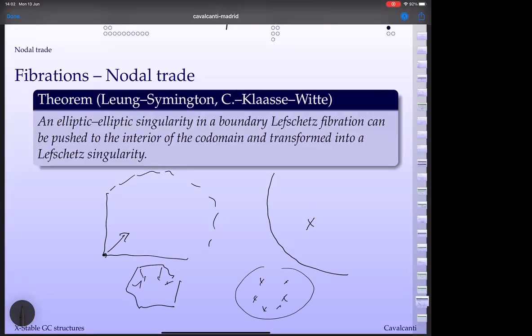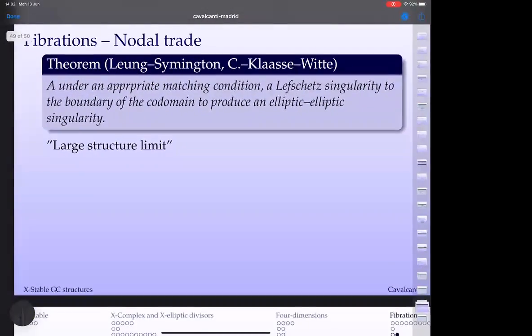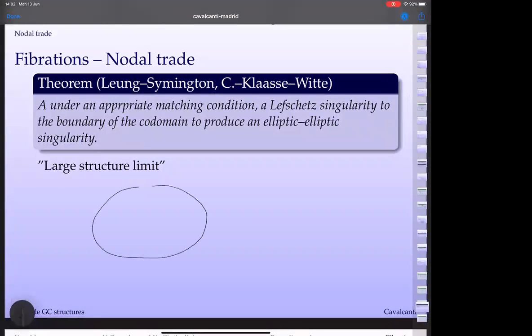You can also go backwards in the appropriate circumstances and pick something which has a bunch of Lefschetz singularities, which is difficult to understand, push them outside and get something which just has corners but no Lefschetz singularities inside. That normally is what I think physicists would call the large structure limit. When you start with a complicated thing, but in the end it's just C or some power of C.